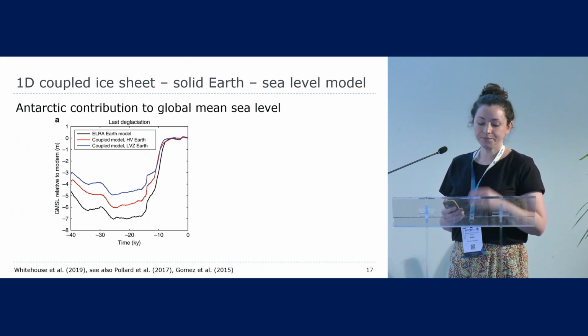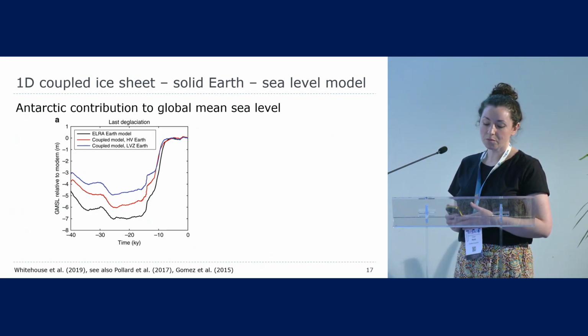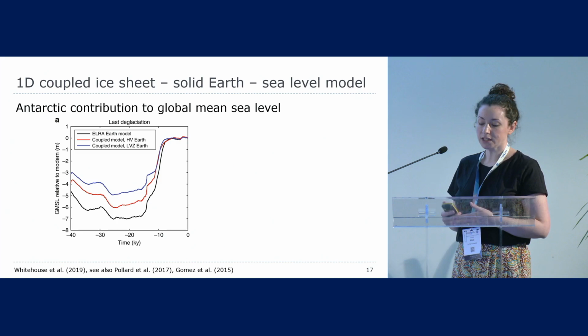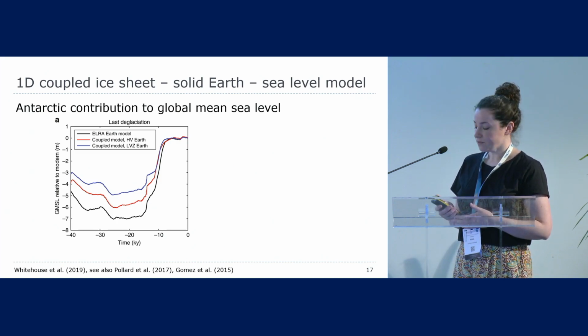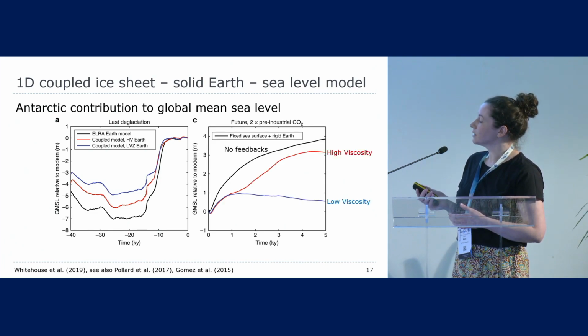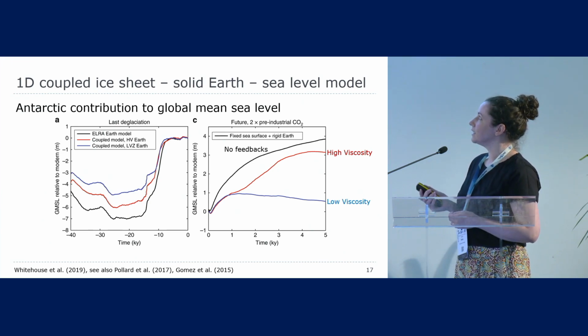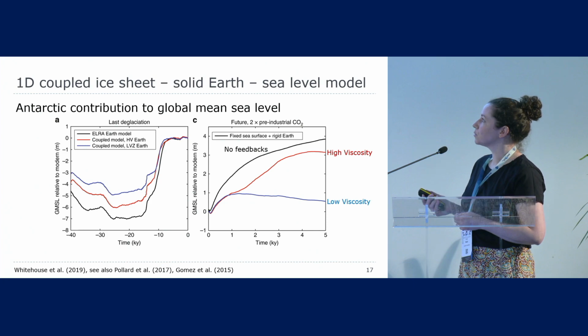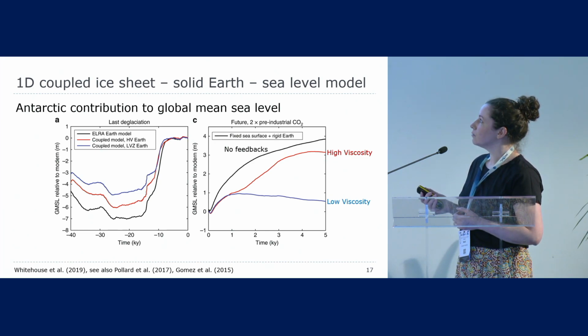So moving on to a slightly more complex model. This is a 1D coupled ice sheet solid Earth sea level model. And this figure is from Whitehouse et al., but the model is from the Gomez group. Over the past 40,000 years, we can see that the ELRA model predicts up to 7 meters of relative sea level change compared to modern, whereas the coupled model with a low viscosity mantle underneath reduces this to around 4.